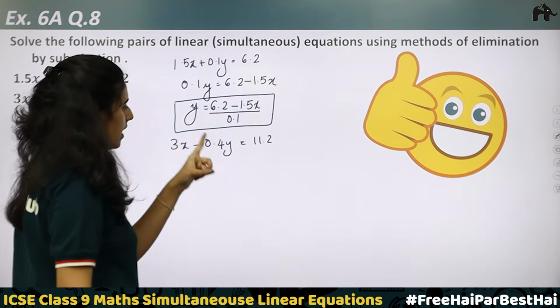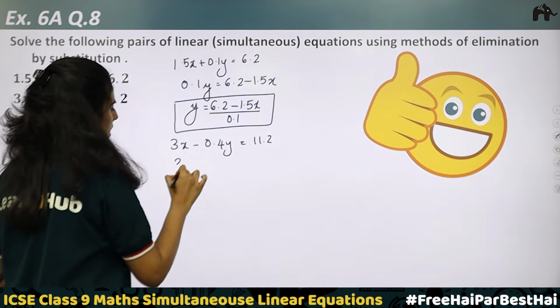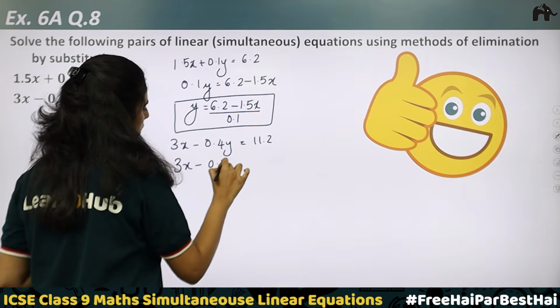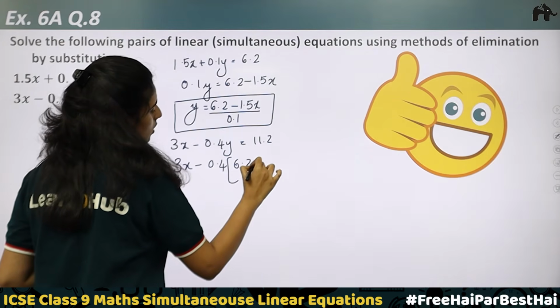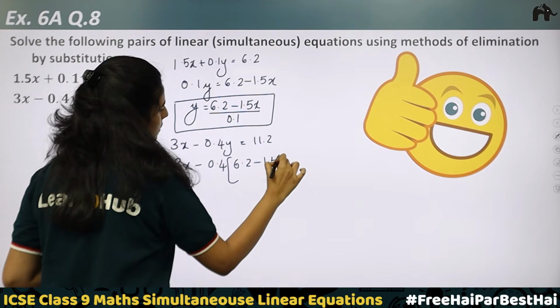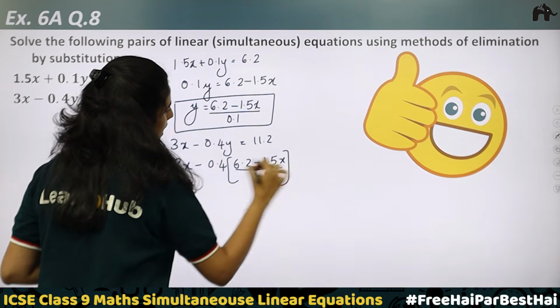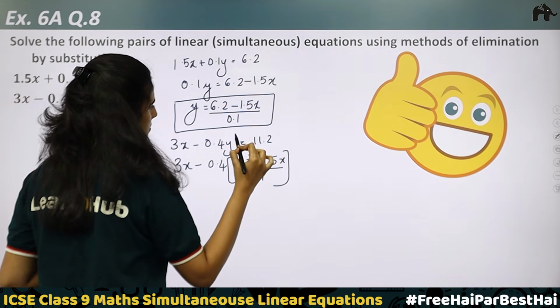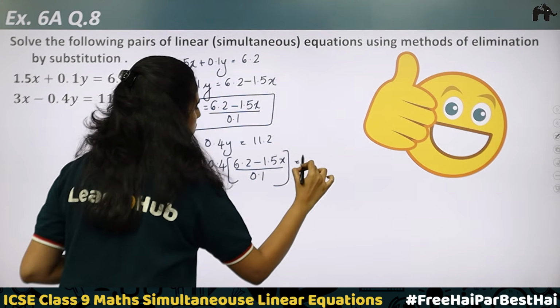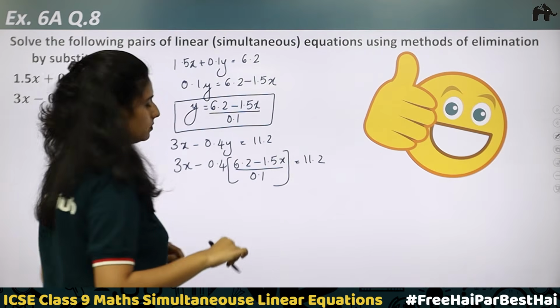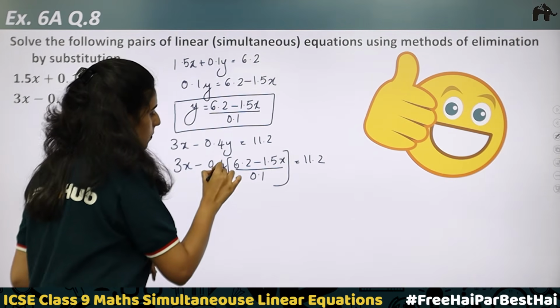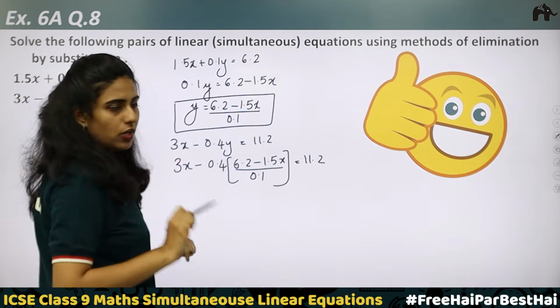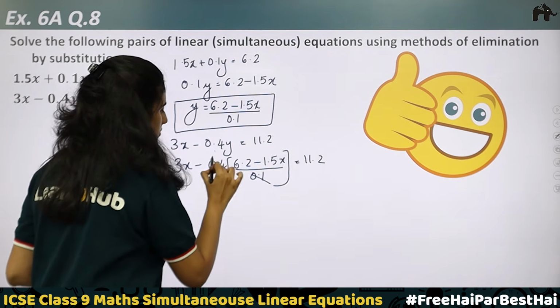Now, second equation: 3x minus 0.4y is equal to 11.2. Substitute this value of y in the second equation. 3x minus 0.4 into (6.2 minus 1.5x) divided by 0.1 is equal to 11.2. Okay. 0.4 divided by 0.1, you will be getting 4.